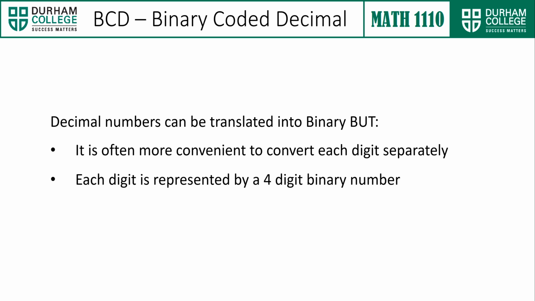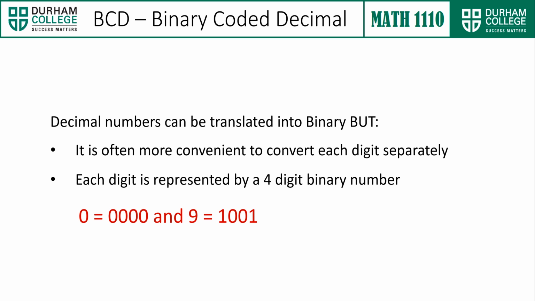If we see how many decimal digits we really have, starting with 0 and going till 9, that's a total of 10. So we'll have to convert that into binary, and we have done that previously.